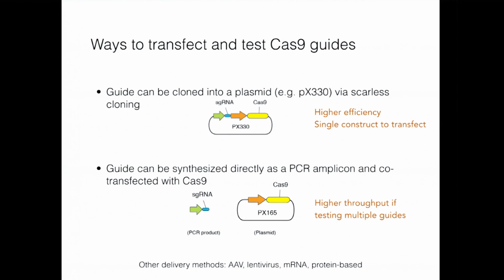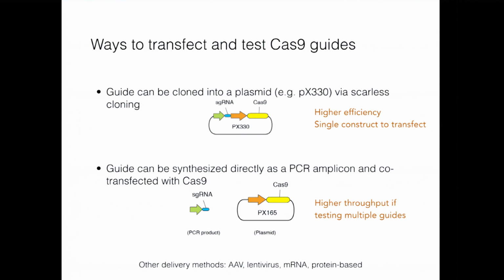The advantage of cloning it into the plasmid is that you can usually get higher efficiency editing, and it's also a single construct you need to transfect. By doing it as a short PCR product, we transfect 2 different things at the same time. This gives higher throughput if we're testing multiple guides, because it's easier to make this than to clone a bunch of guides into plasmid.